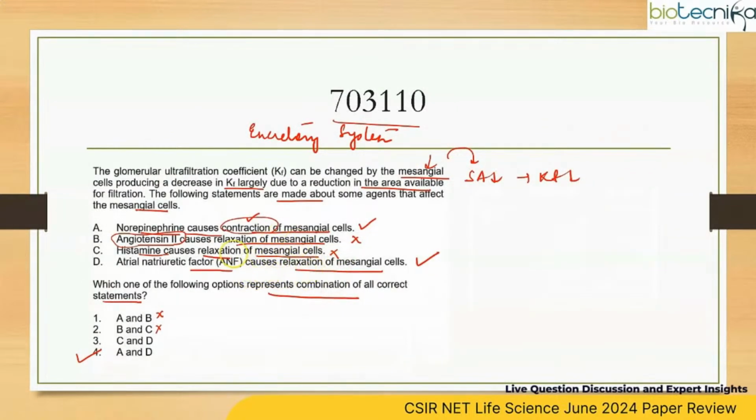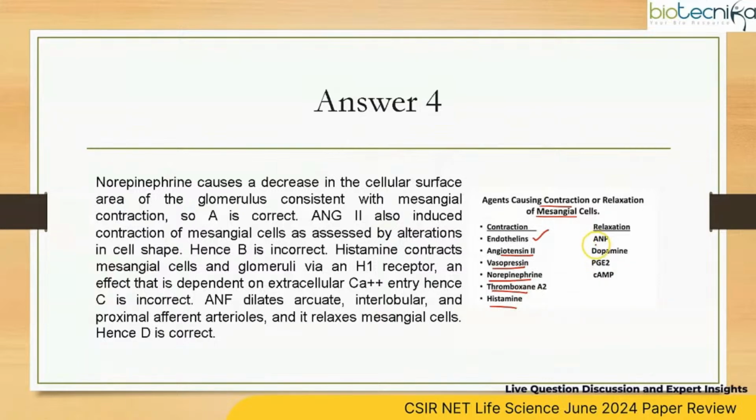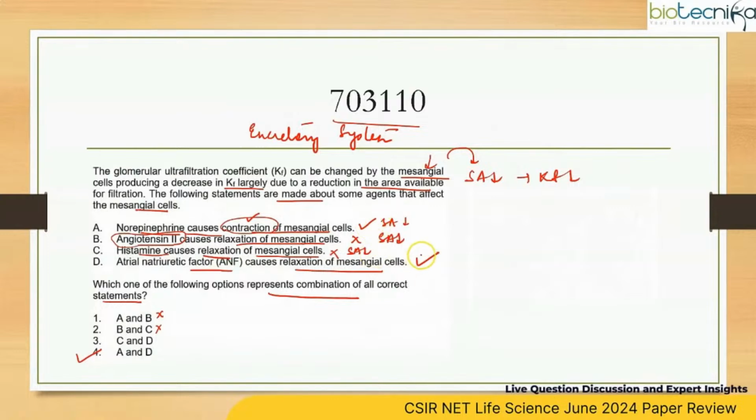So histamine will also contract, so surface area will decrease. Norepinephrine also contracts, surface area decreases. Angiotensin 2 also contracts, surface area decreases. While if you see ANF or ANP, dopamine, prostaglandin, cyclic AMP, they will all relax. As a result, the surface area will increase.